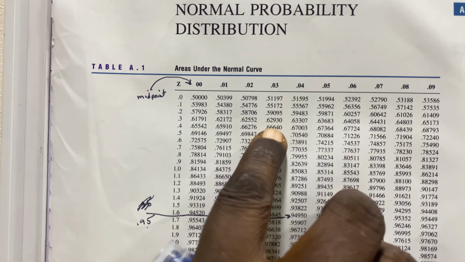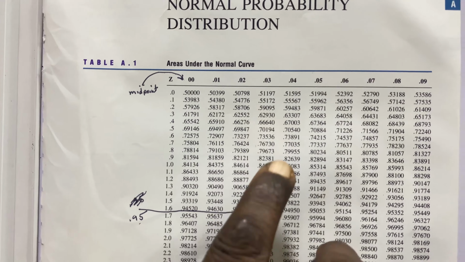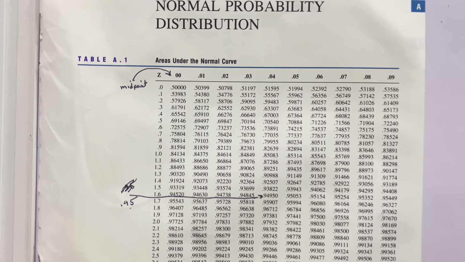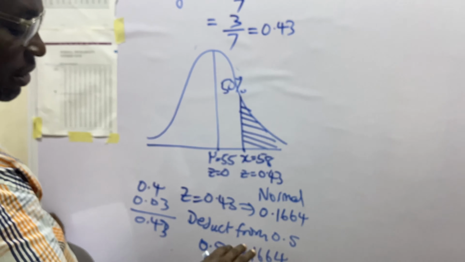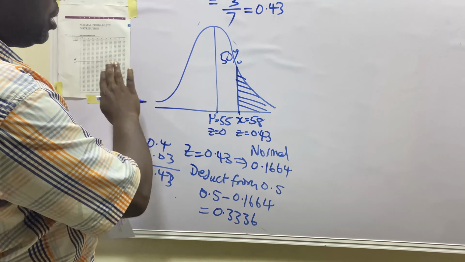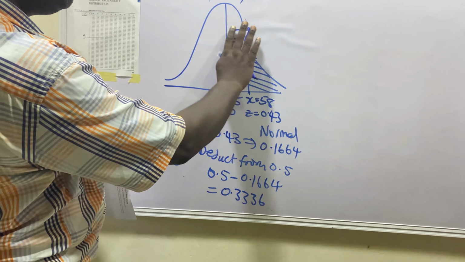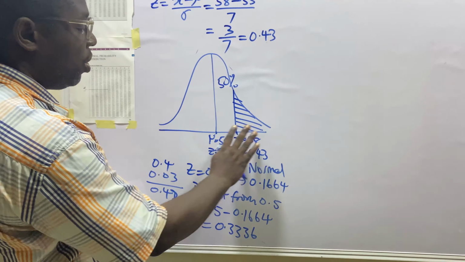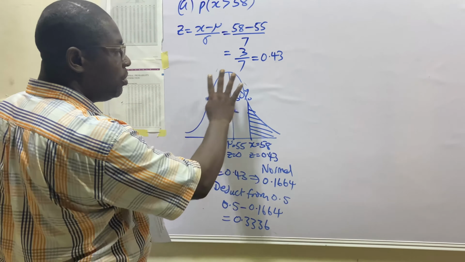So that's why you have 0.6664. So what we do in relation to what we have on the table is to deduct the 0.6664 from 1, because this table represents the whole of the normal curve.